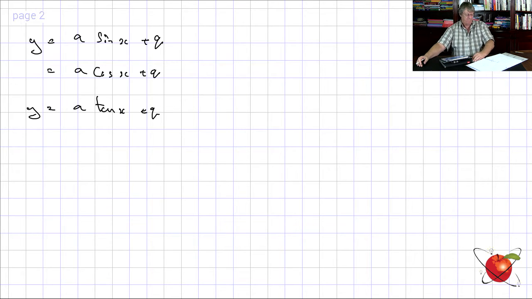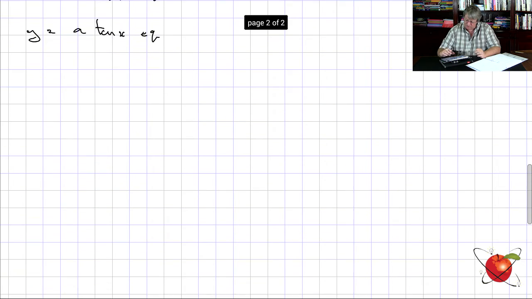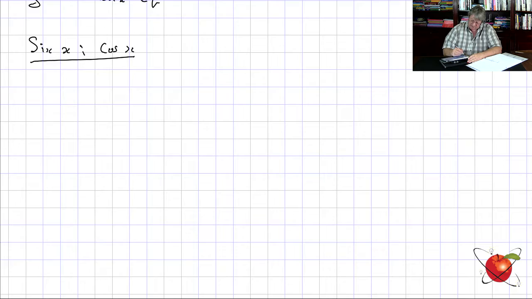Once again, let's just deal with sine and cos first, shall we? Why? Because they look the same. So let's look at sine x and cos x first. If you go and draw it, you will find that the graph makes that traditional, what's called a sinusoidal curve. It looks like a sine curve.